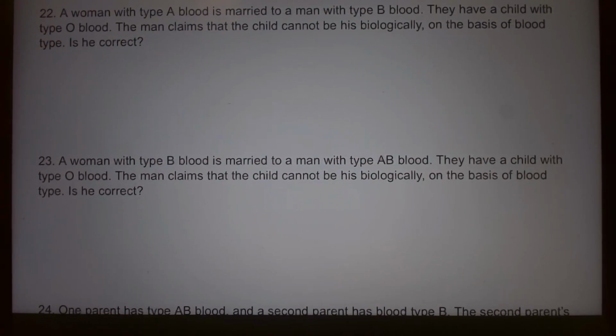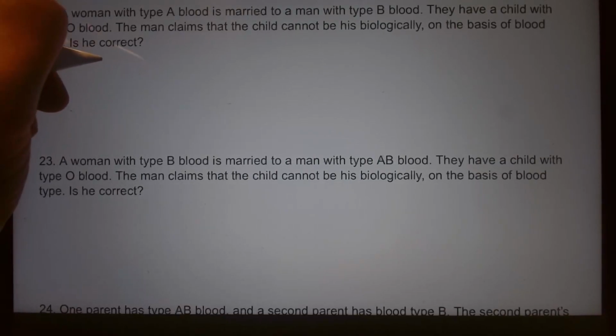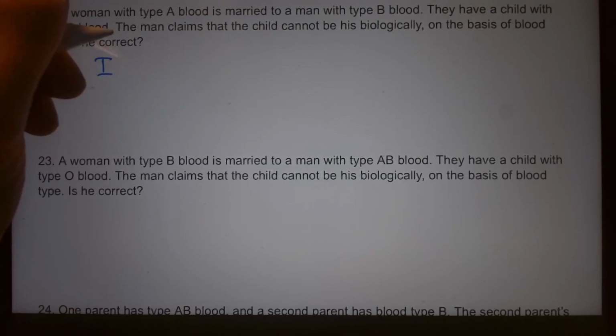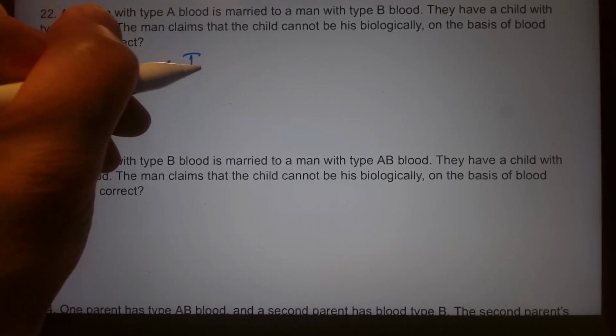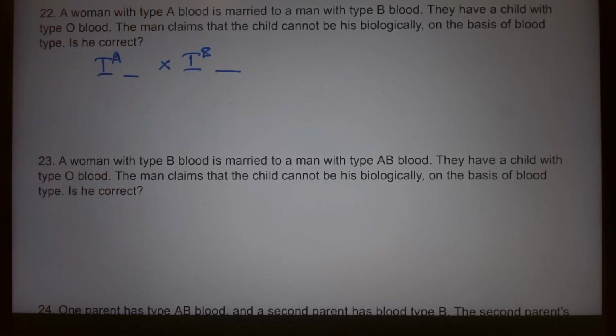Number 22. A woman with type A blood is married to a man with type B blood. They have a child with type O blood. The man claims that the child cannot be his biologically on the basis of blood type. Is he correct? Now, the mother is A something, and we cross it with father B something, and at this point he is not correct.